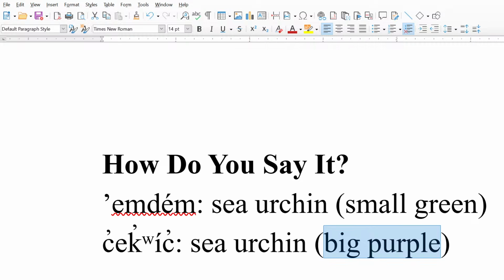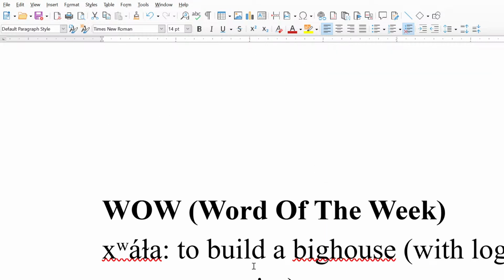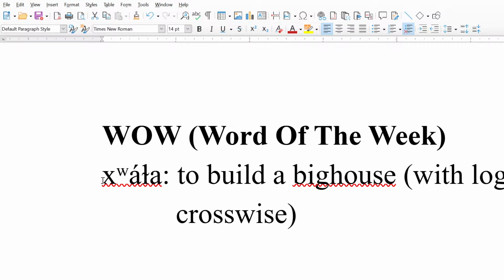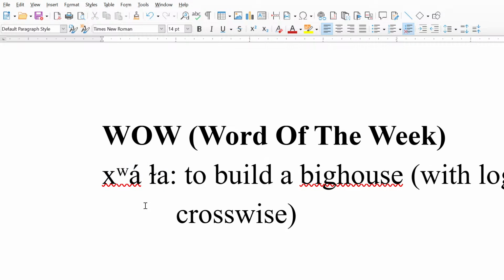Now it's time for Wow, the word of the week. And it is huathla. So there's two syllables.